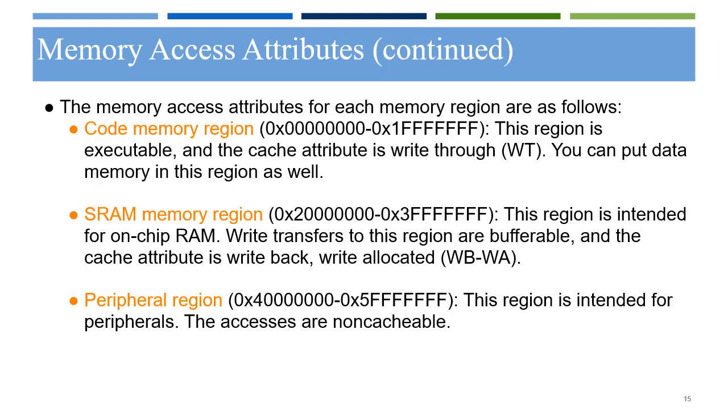The Cortex M3 bus interfaces output the memory access attributes information to the memory system for each instruction and data transfer. The default memory attribute settings can be overridden if an MPU is present and the MPU region configurations are programmed differently from the default.